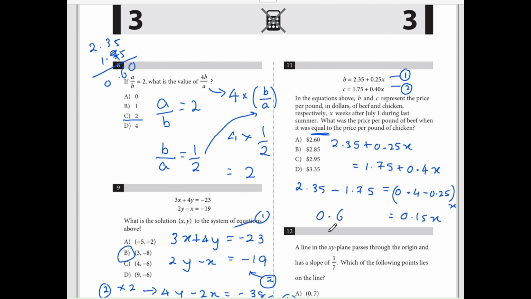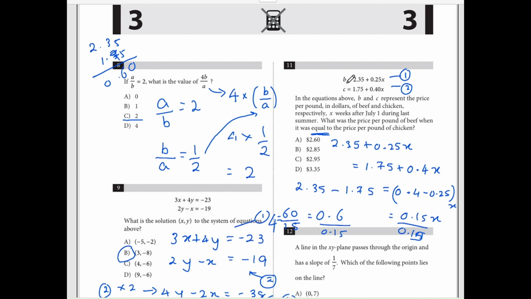If we divide both sides by 0.15 we get x equals, this is similar to 60 divided by 15, and it is 4. Then x equals 4. Then they're asking for the price per pound of beef.